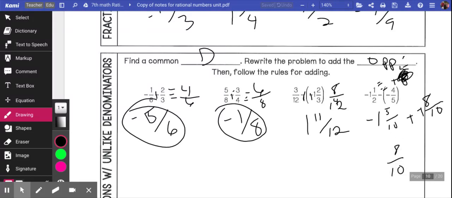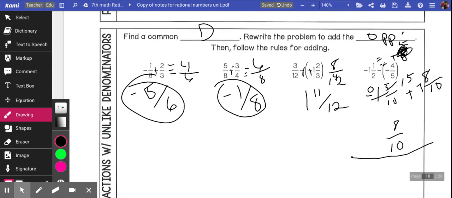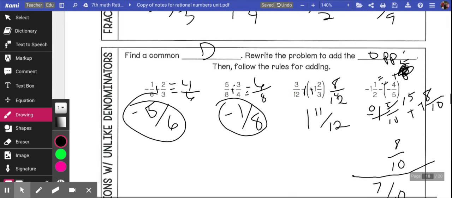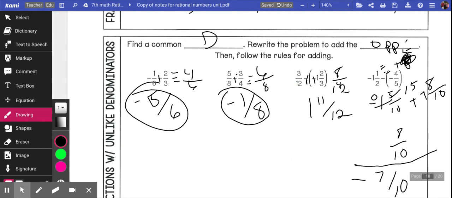So since it's a negative and a positive, we actually have to subtract. So we have to borrow, make that a 0, and make this 15, because 10 plus 5 is 15. And then we subtract, we get 7/10. And the sign of the bigger number is negative 1.5, so it is negative.